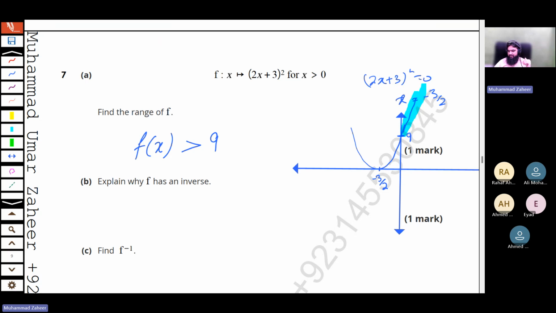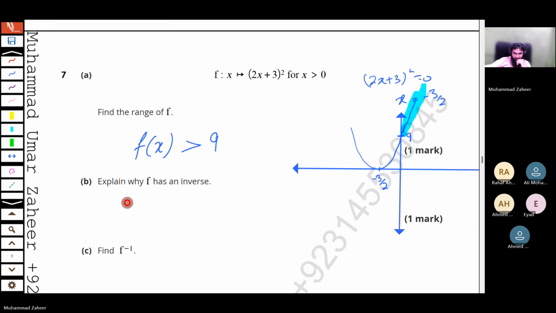Now explain why f has an inverse. Okay, now the question is how we can find the inverse. What's the function? It is obviously a function. Any other thing? It is a specific type of function. Quadratic function.